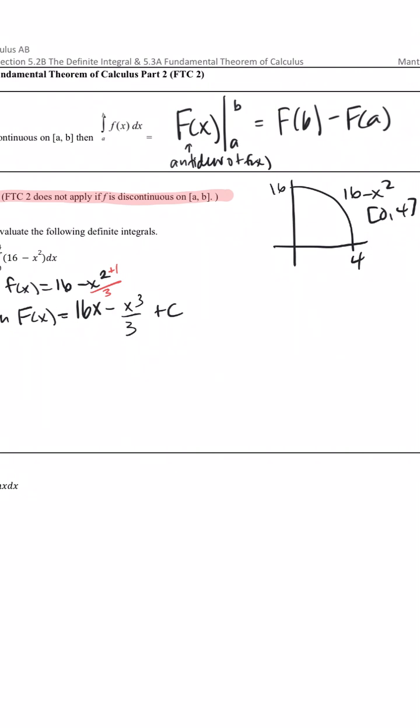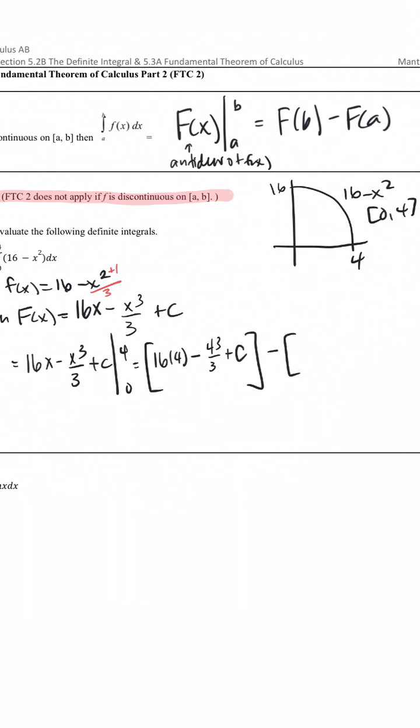Okay, so this integral here is going to be 16x minus x cubed over 3 plus c evaluated from 0 to 4. All right, so I'm going to have 16 times 4 minus 4 cubed over 3 plus c, minus 16 times 0 minus 0 cubed over 3 plus c.